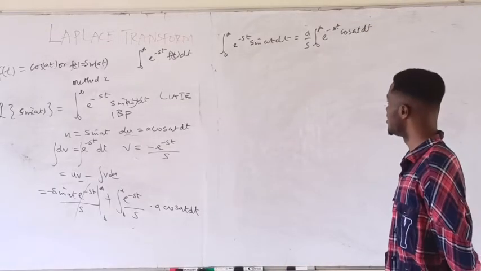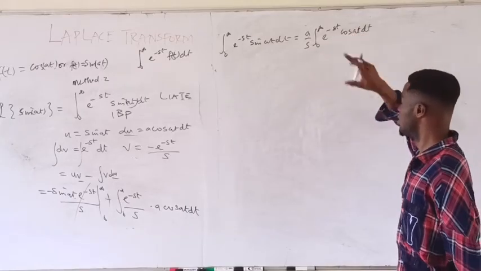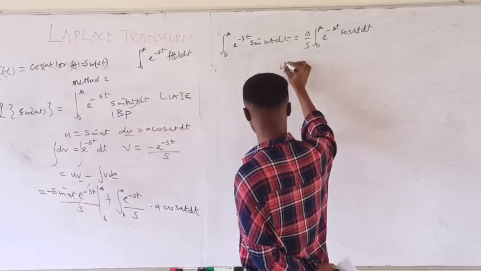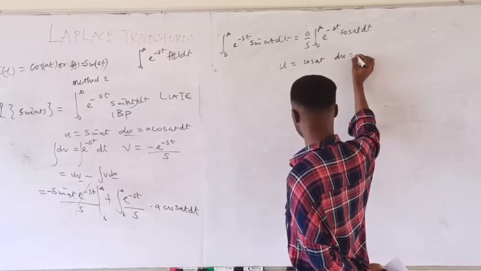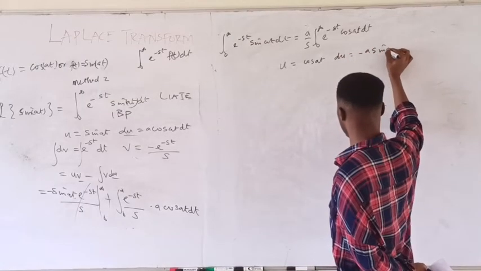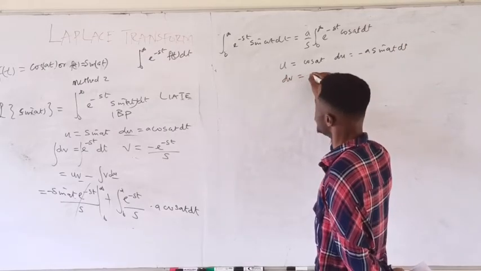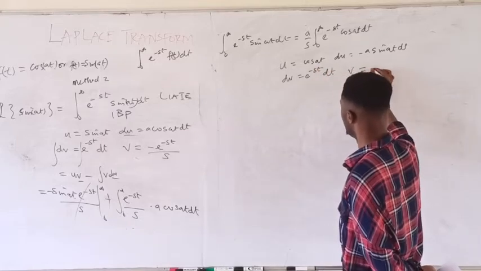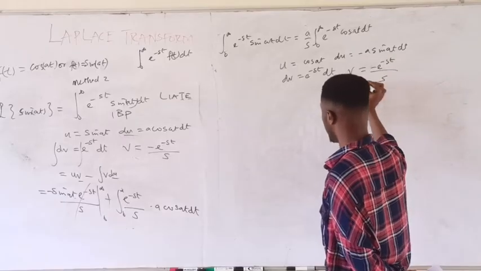So what I will do next is also to use integration by parts again to integrate this function. Using integration by parts again, u here will be equal to cos at, and du will be equal to minus a sine at dt. dv will be equal to exponential of minus st dt, while v will give me minus exponential of minus st divided by s.